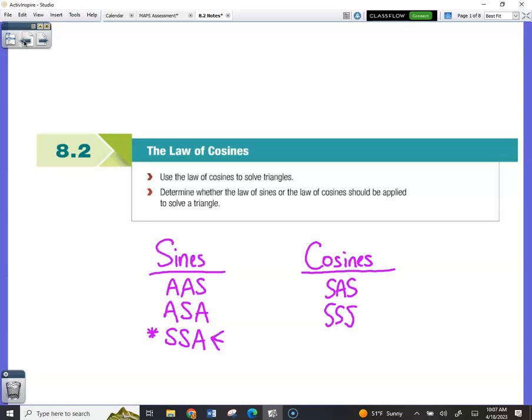Law of cosines is the one with the majority of the S's, with one small exception, and that's the irate customer. So figure out which one you want, whatever method you have to memorize it. You could memorize this, and then that would be what's left over. You know what I mean? So then you just have two to memorize, go with law of cosines. And then law of sines would be what's left over.